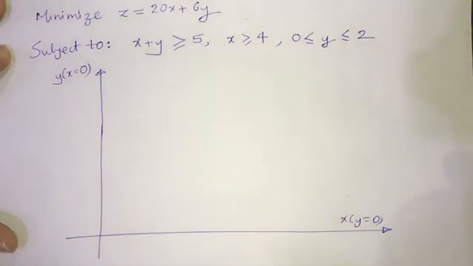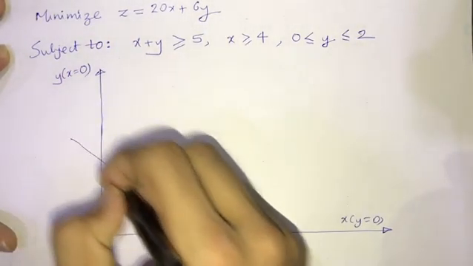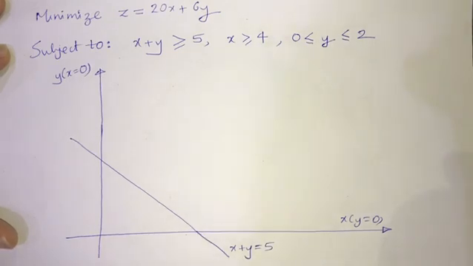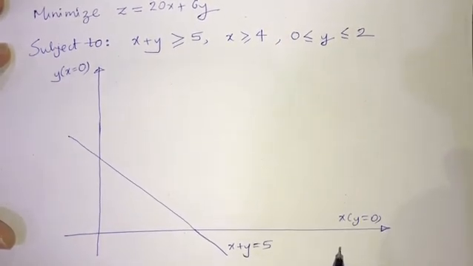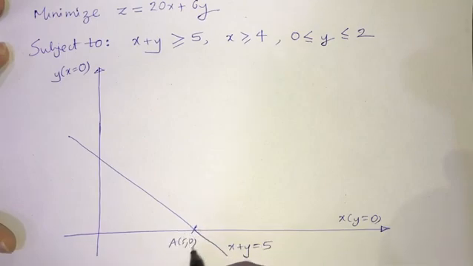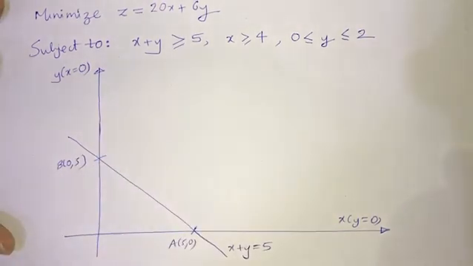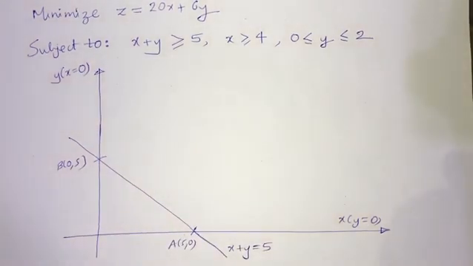The first inequation gives the straight line x plus y equal to 5, right? In that, the first intercept is 5, 0. The second intercept is 0, 5. That is equation 1.